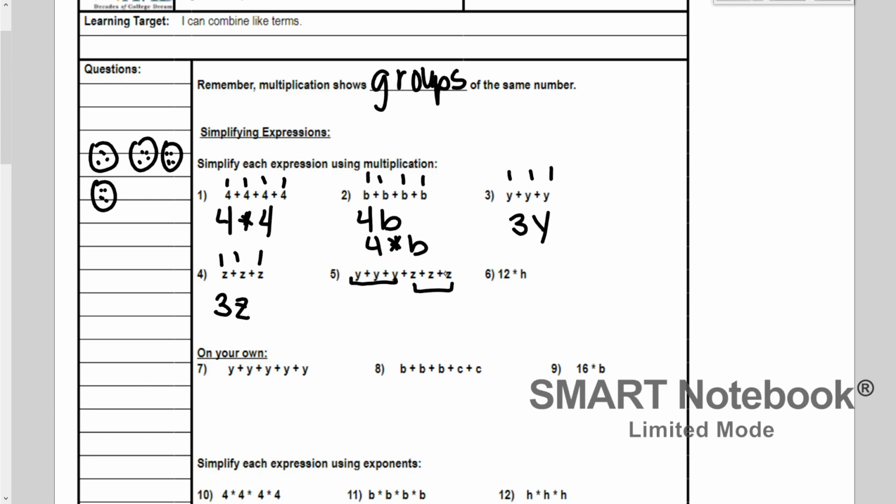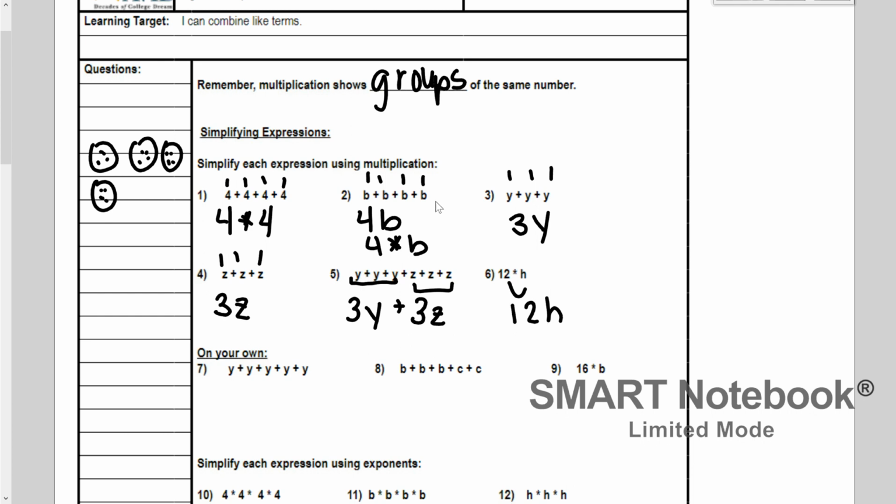So I've got Y plus Y plus Y, that's 3 groups of Y. And then I've got Z plus Z plus Z, that's 3 groups of Z. And I'm just going to add those together because I can't combine groups of Y's and groups of Z's. Those are different objects. And then just remember, like I said before, 12 times H is just written as 12H.